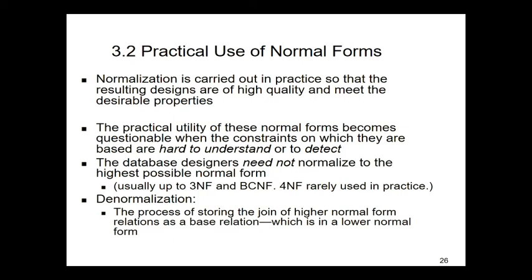The further up in the numbering sequence that you get, and the additional ones that go beyond the numbers, like Boyce-Codd, sometimes people don't even have a clue what they mean or what kind of dependency problem you have. And since you can't figure out what it is you're trying to detect, how do you fix it? So in real life, we typically do the first three, and then if there are any problems after that, we deal with it.